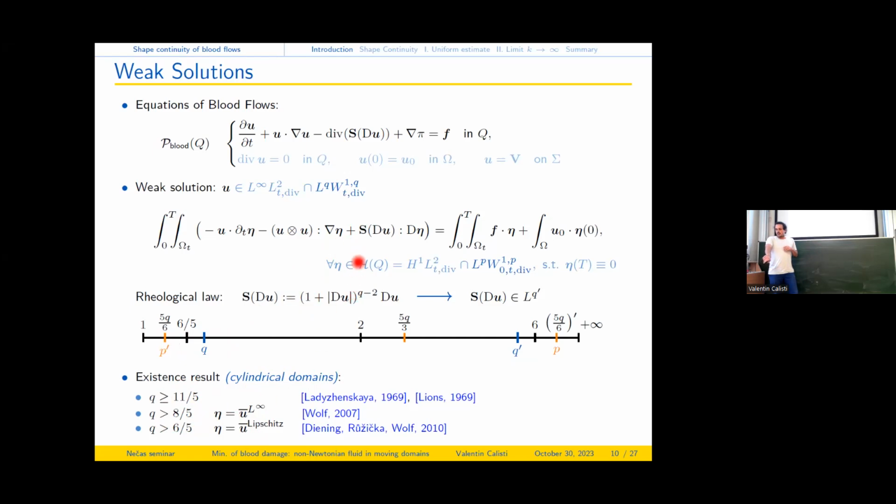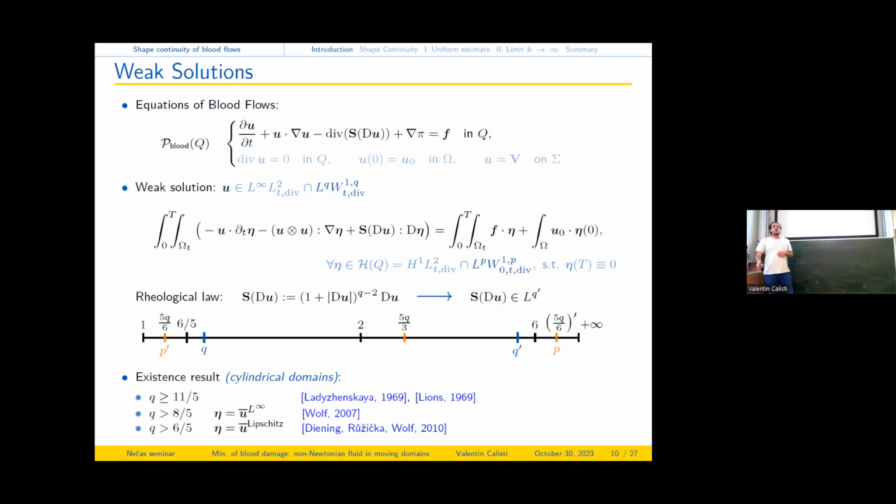But then I will just need some L infinity truncation, because if I want to put an approximation of U here, it will be just U, so I can take L infinity. And in the case presented here, if I want to replace the gradient of eta by some approximation of U, I will need to replace it with some Lipschitz truncation. So I want eta to be an L infinity approximation of U and of its gradient also.